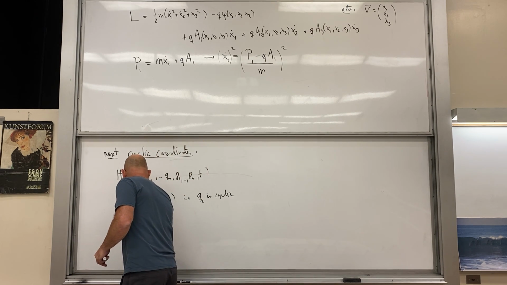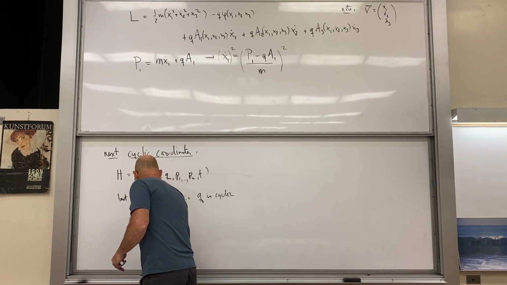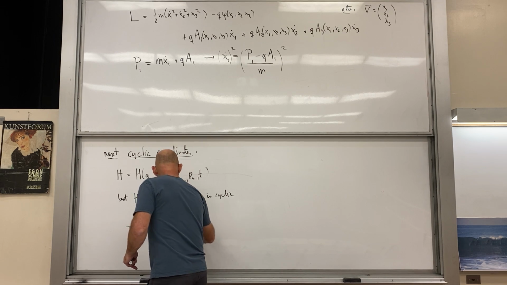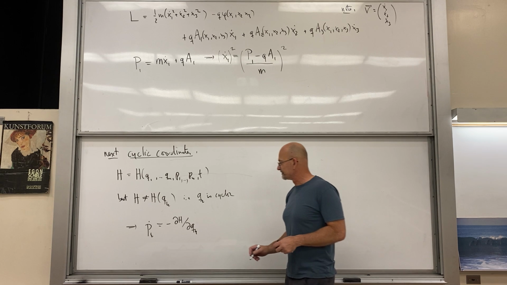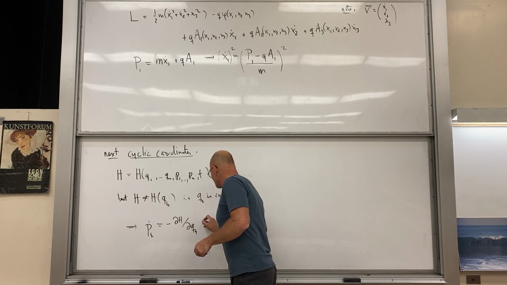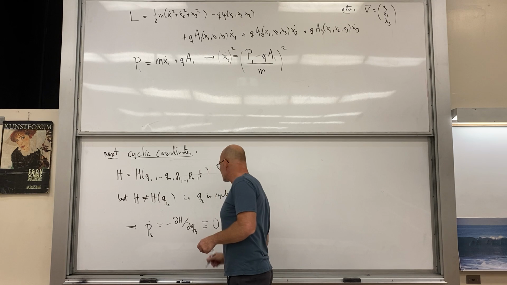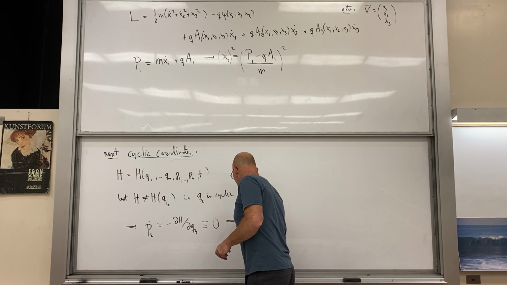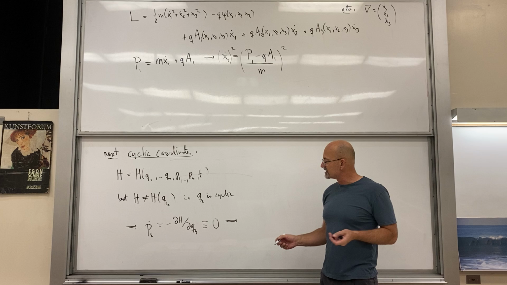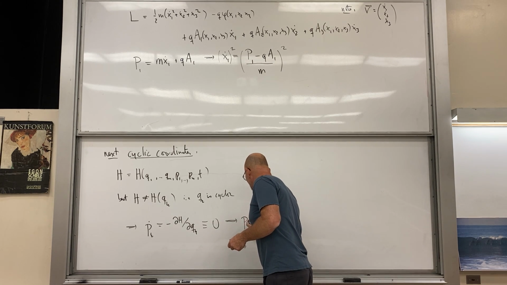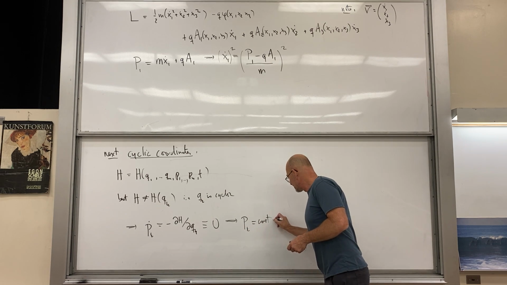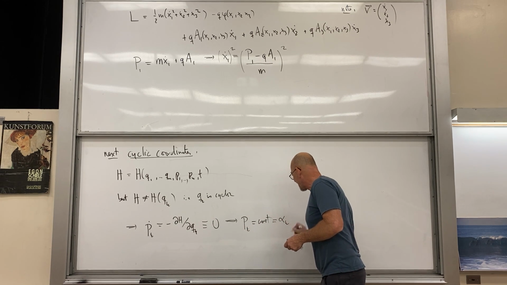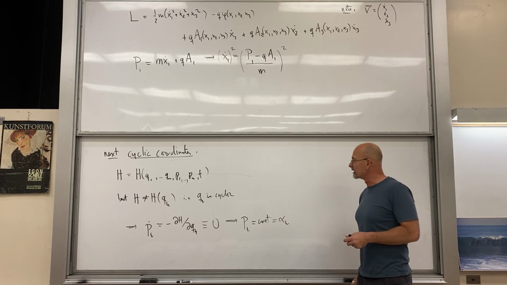Well, immediately we have p sub k dot, which is minus dH/dq sub k, that's one of Hamilton's equations. Since q sub k is cyclic, that's identically equal to 0. And just as with the Lagrangian situation, p sub k is a constant. I'm just going to name it alpha sub k, because it's no longer a dynamic variable.